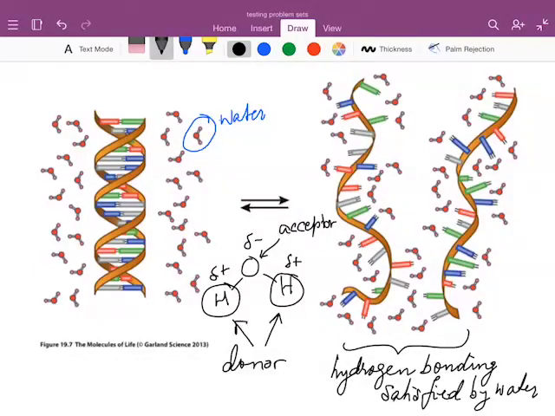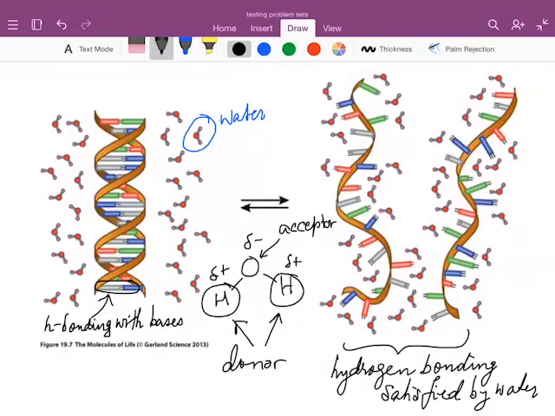Now imagine that the helices form, and so now you get the hydrogen bonding between bases, and what's happened is that each base in the double helix has replaced some of its hydrogen bonds, originally with water, with hydrogen bonds with the other base in the double helix.